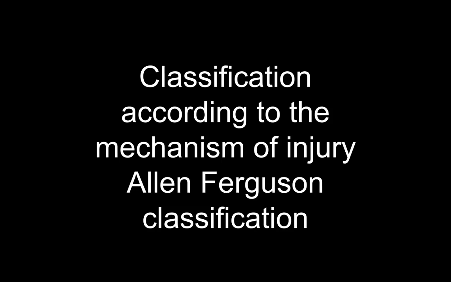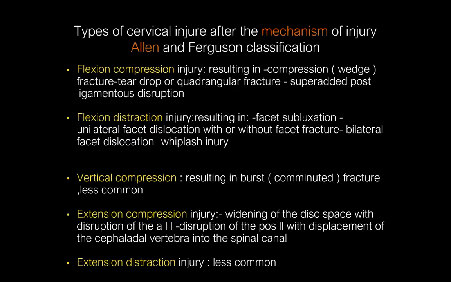There is another classification according to the mechanism of injury, which is called the Allen-Ferguson classification. It is a bit old, but it was very efficient for years, and it's very simple. According to the Allen classification, we have either flexion, extension, or vertical. Flexion with compression, flexion with distraction without compression, vertical with compression, and extension with compression or distraction.